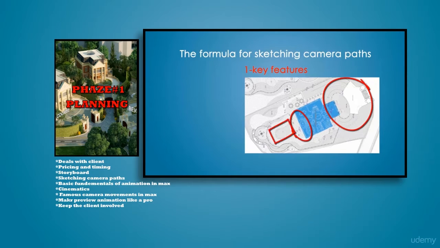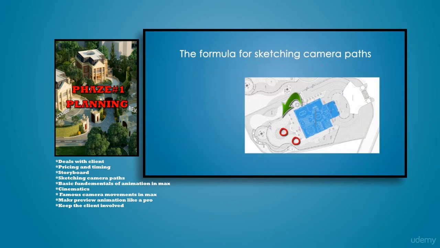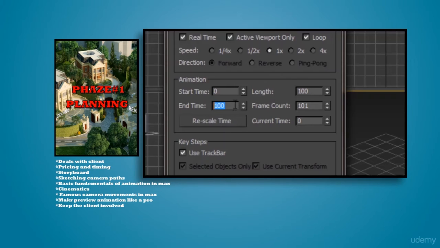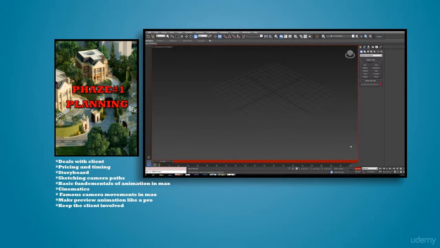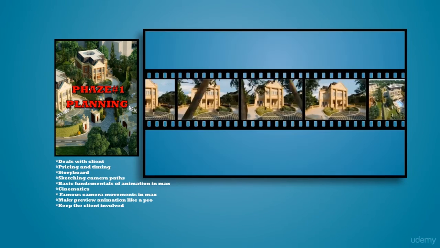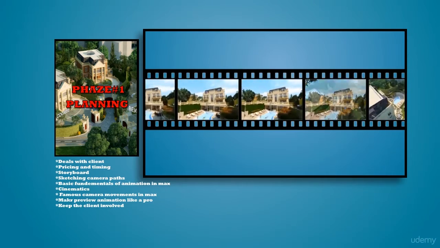From there, we will continue planning our camera passes in the scene. Where exactly we want our cameras and what are the most important features we want to show. After that, we will get a bit technical in Max and we will learn some basic fundamentals of animation. Then we will move to cinematics.